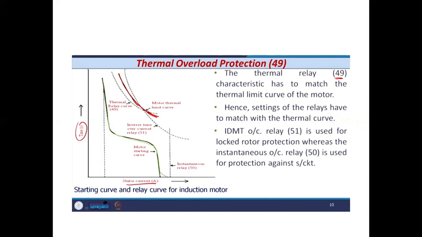You can see this is the curve of the induction motor, where on the x-axis you have the starter current, and on the y-axis you have the time. Now you can see there is a curve known as the motor thermal limit curve.